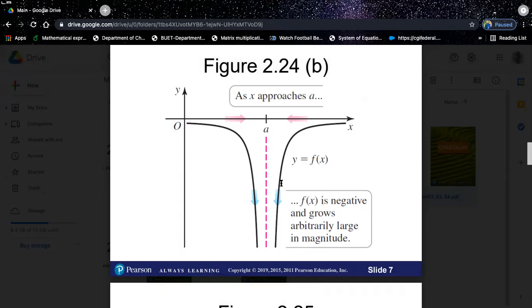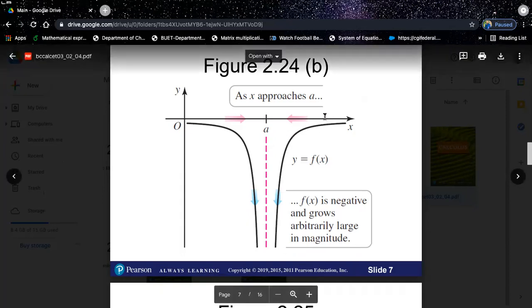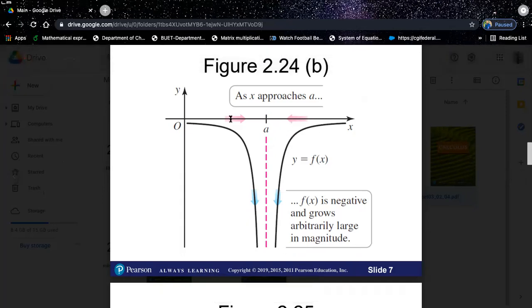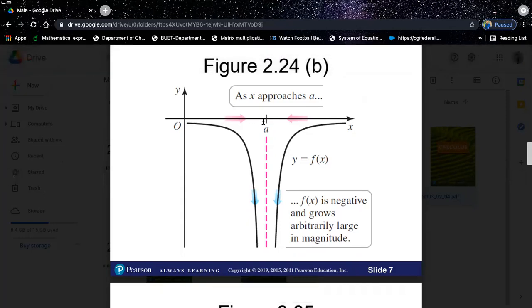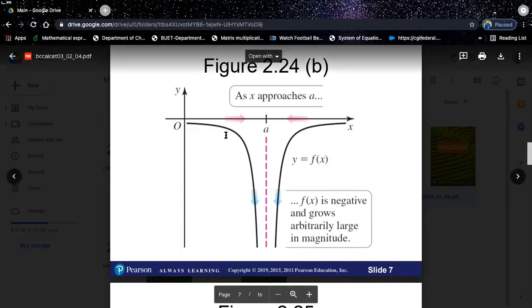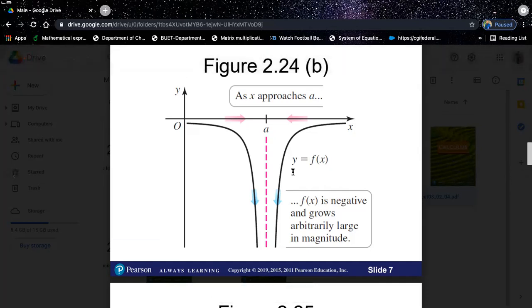So the function keeps decreasing as we approach a. Similarly for the left-sided limit as well. We're approaching a, and you can see it keeps decreasing towards negative infinity. Or, since the function is negative, we can say that it grows arbitrarily large, although it's going towards negative infinity.